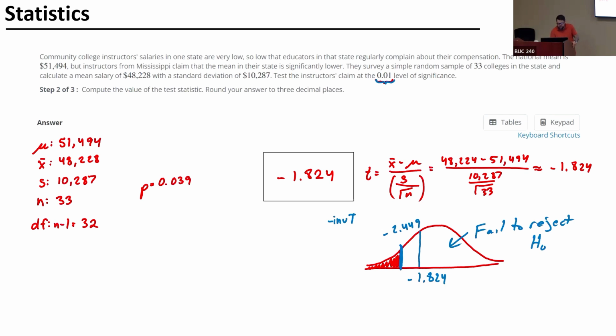Well, then they give us a level of significance of what? 0.01. Which one is obviously larger? Yeah. And that correlates with, since the p-value is larger, we are going to fail to reject. So once again, these match up.